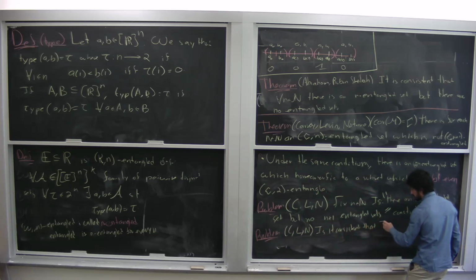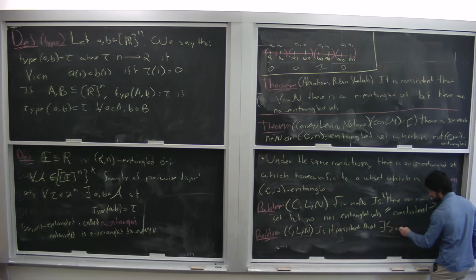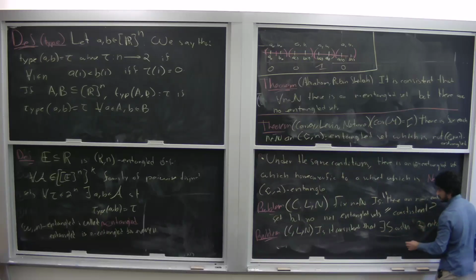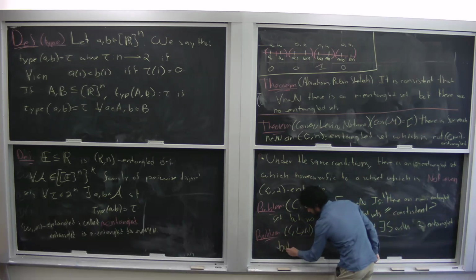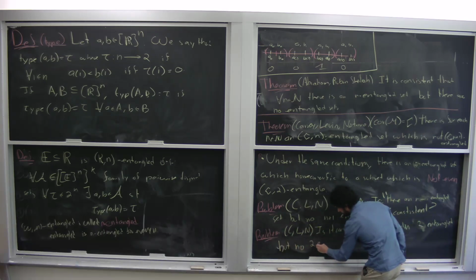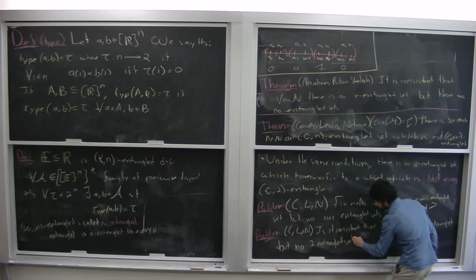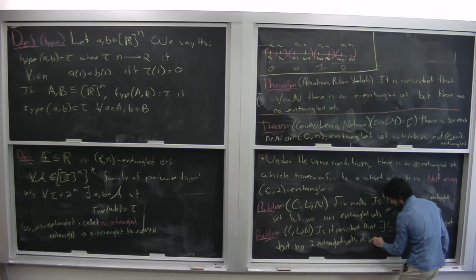That there exists a Suslin 2 entangled, but no 2 entangled sets of reals.